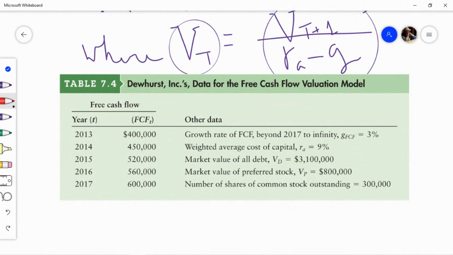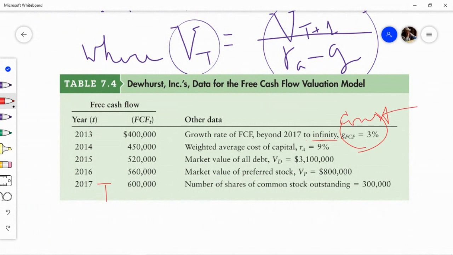So think about it. This is time terminal T, right? You understand? And then beyond, after 2017, the growth rate to infinity is 3%. So it's constant growth. So what does that mean?